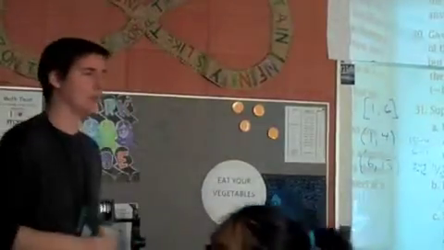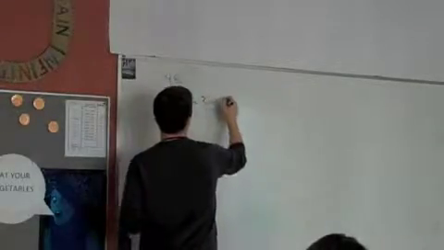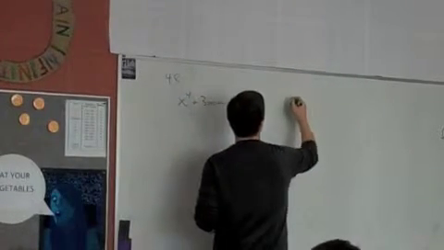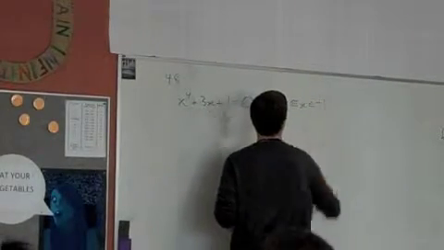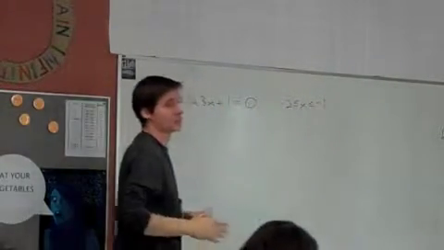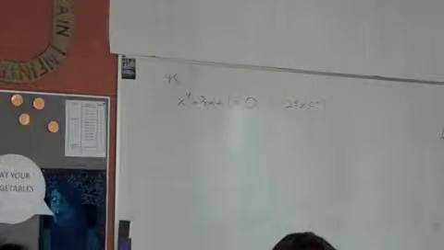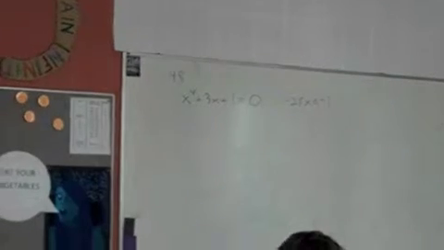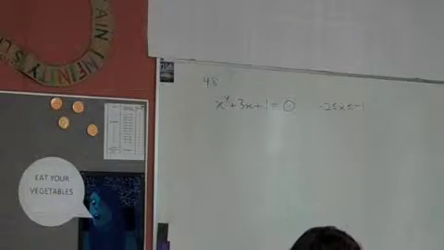All right, let's try 45 together in your books. Less than or equal to x. Okay. And what is this problem asking me to do? Find the solution to what?